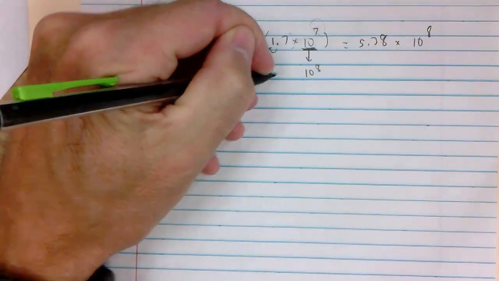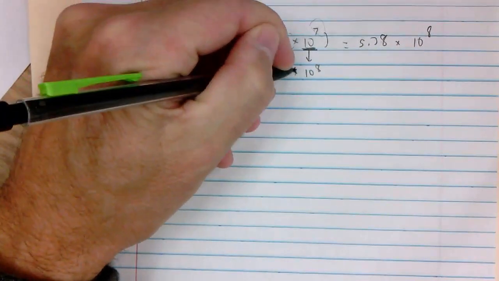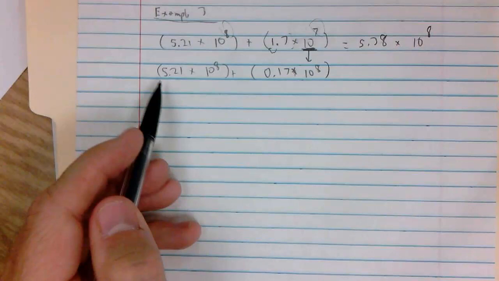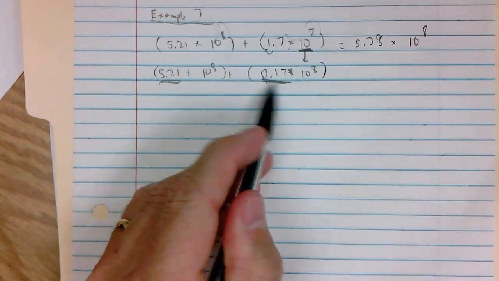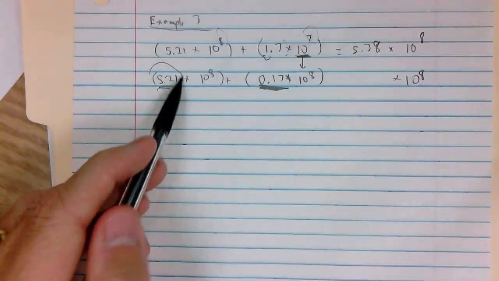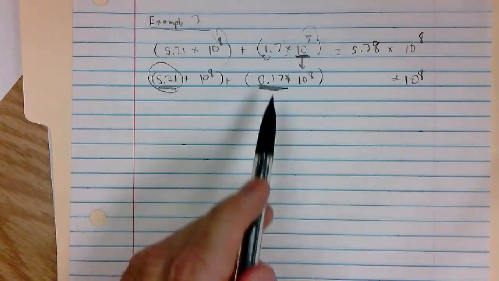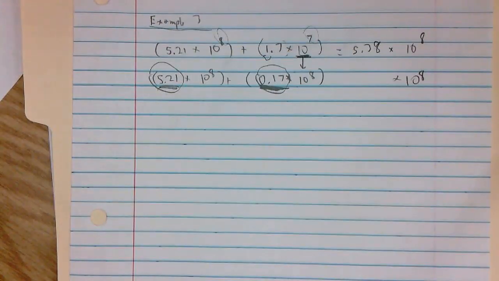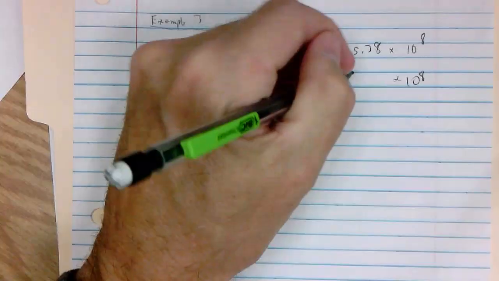It would be 0.17 times 10 to the 8th. And now I'd just be adding the A's together. I would keep the 10 to the 8th, and when you add 5.21 and 0.17, you do in fact get 5.38.